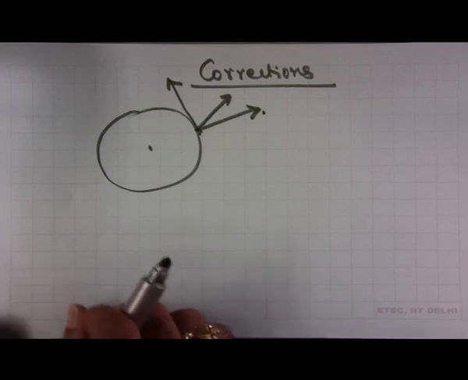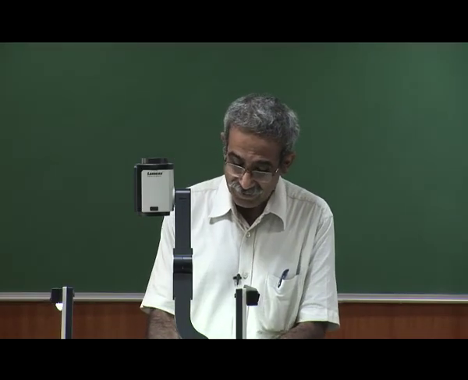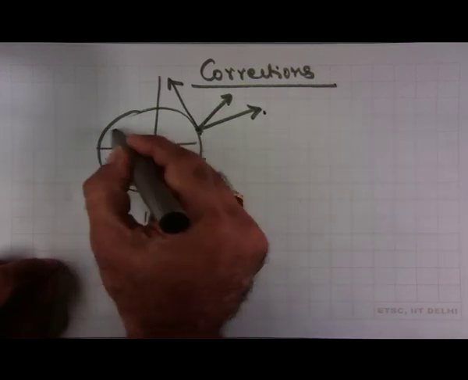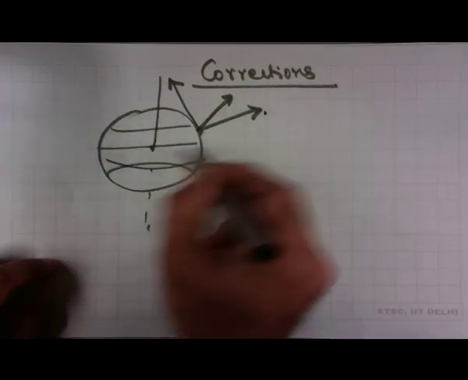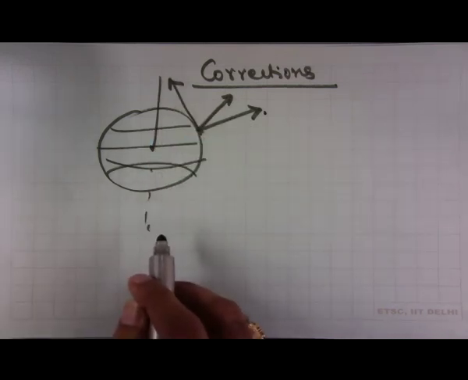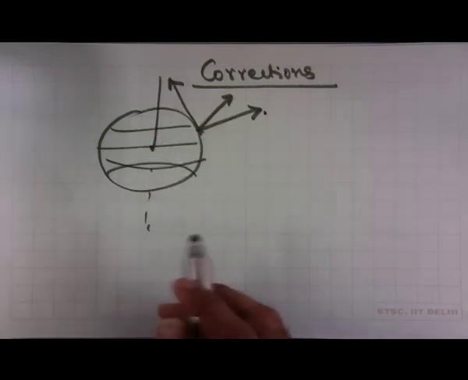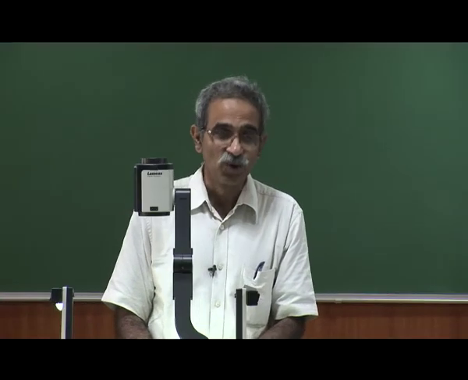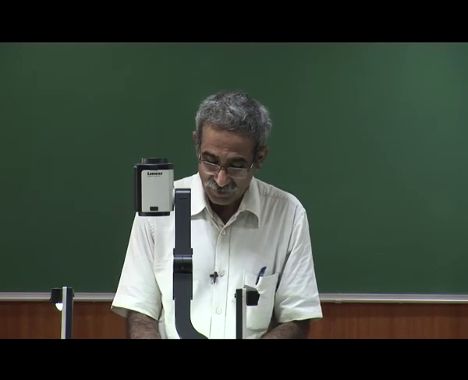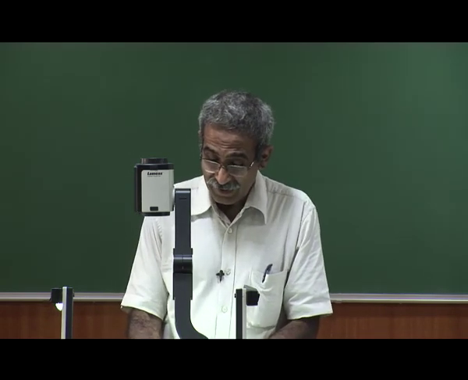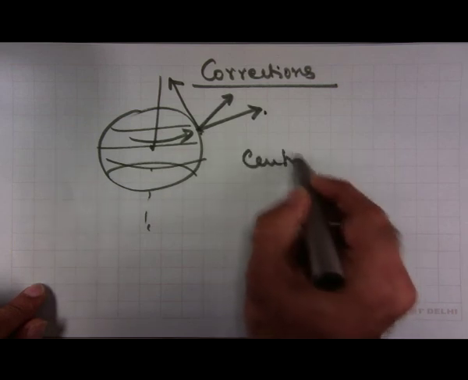It is small but not insignificant, and that is because the earth rotates about its axis. For simplicity, let us not make a distinction between the axis of rotation and the geometric north pole and south pole. So let us assume that it is rotating. Because of the rotation, there is a centrifugal force.